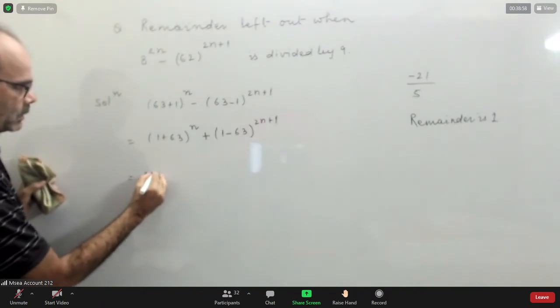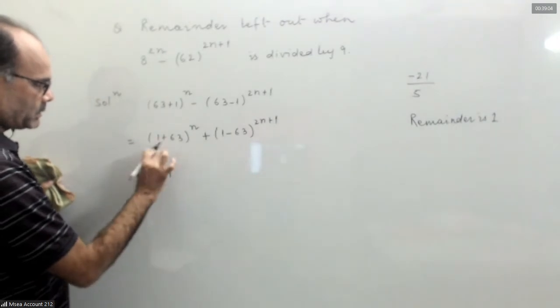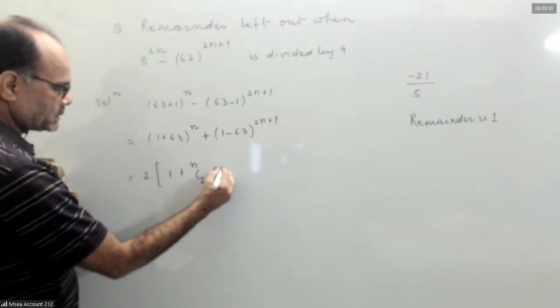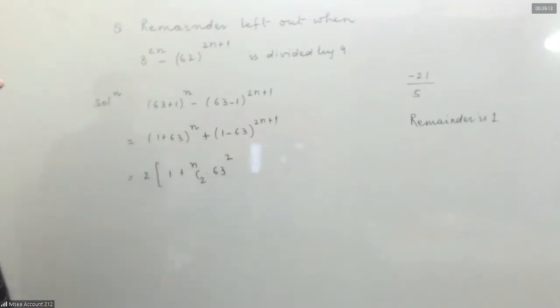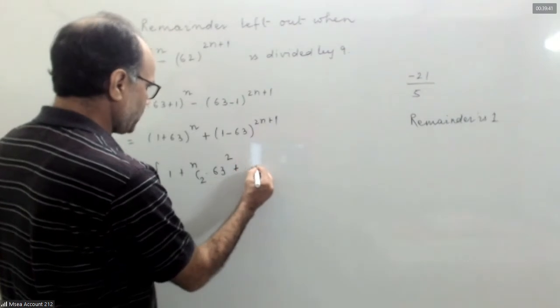So this equals 2 times of 1 plus, first term will be added, second term will get cancelled, third term, nC2 63 whole square. Whatever numbers will come.